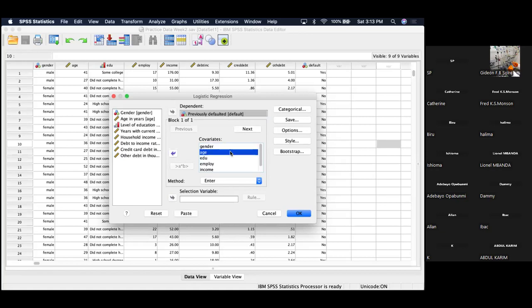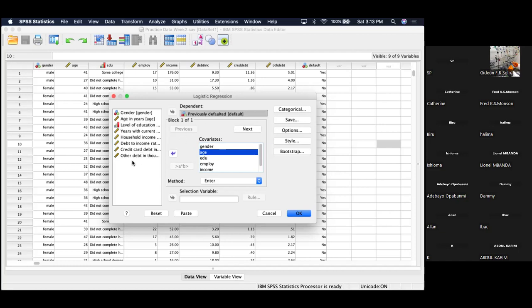Now, here's the thing. Remember, in the design, we said your independent variables can either be continuous variables or categorical variables. Now, if you have categorical IVs in your data set, then there is a need for you to indicate it here.